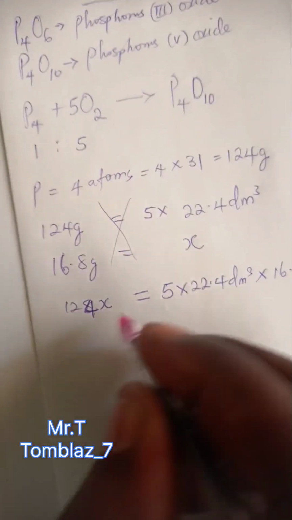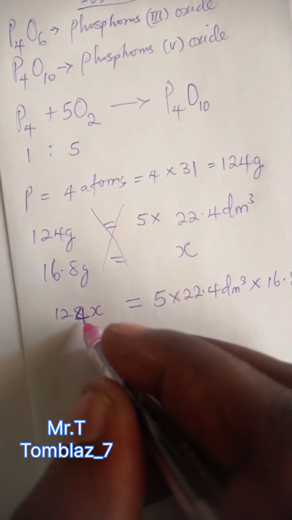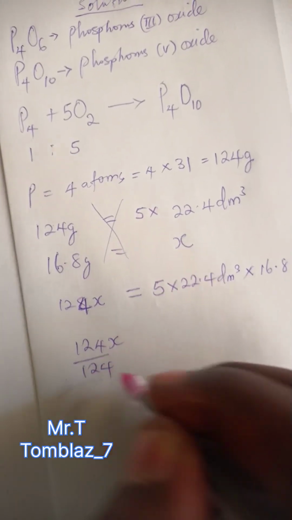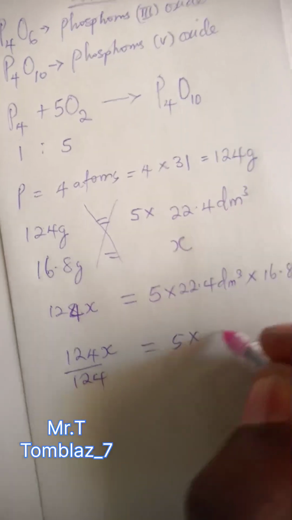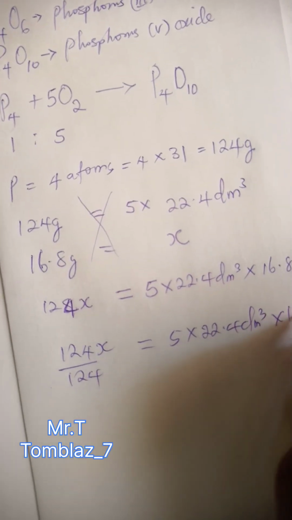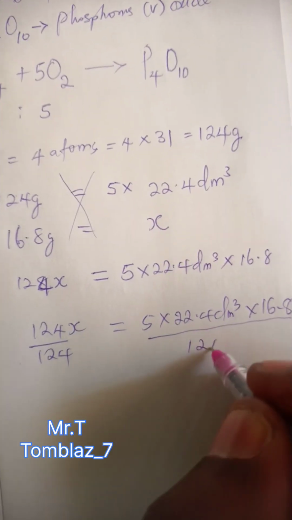Since we are looking for X, we have to divide both sides by 124, so X equals 5 times 22.4 dm cube times 16.8, all divided by 124.